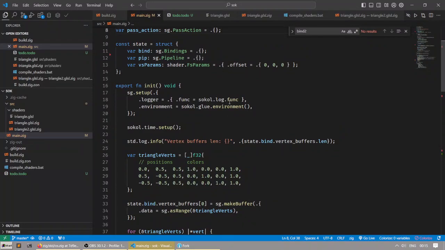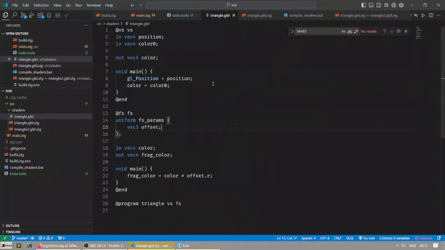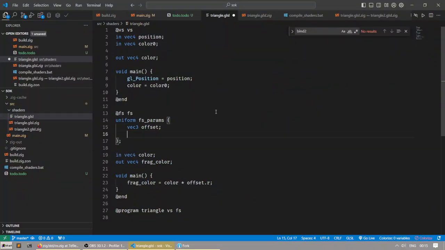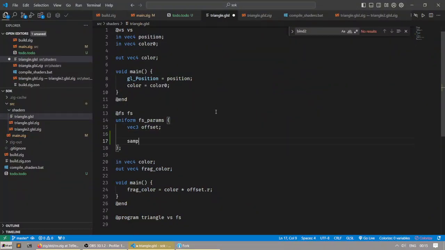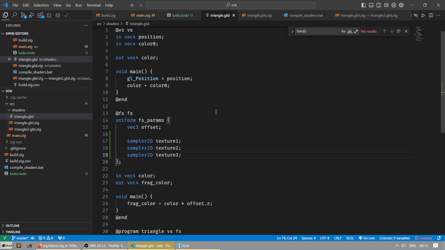It's kind of confusing. Okay, so if this is a combination, here's a philosophical question. If you have sampler2D texture 1, texture 2, and texture 3, is this one sampler with 3 textures, or 3 samplers and 3 textures?